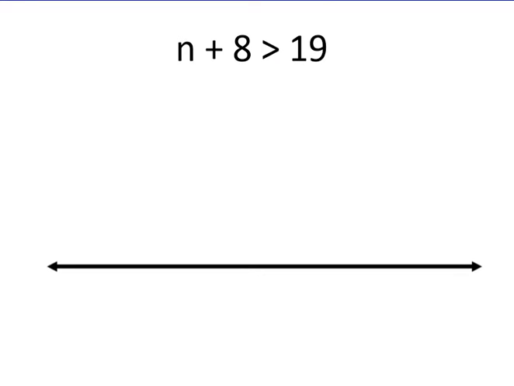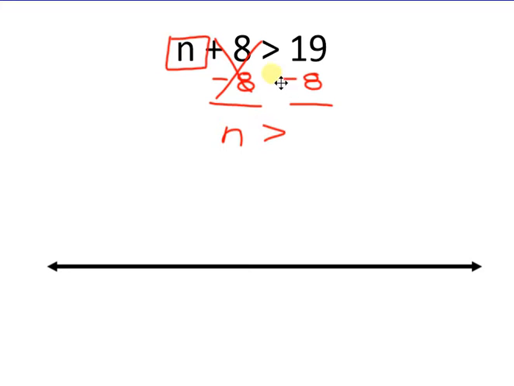So, let's practice. N plus 8 is greater than 19. Box your variable. We're going to do minus 8 and minus 8. This is like your equal sign. Your 8's cancel. Bring down your N. Bring down your inequality symbol. 19 minus 8 is 11.